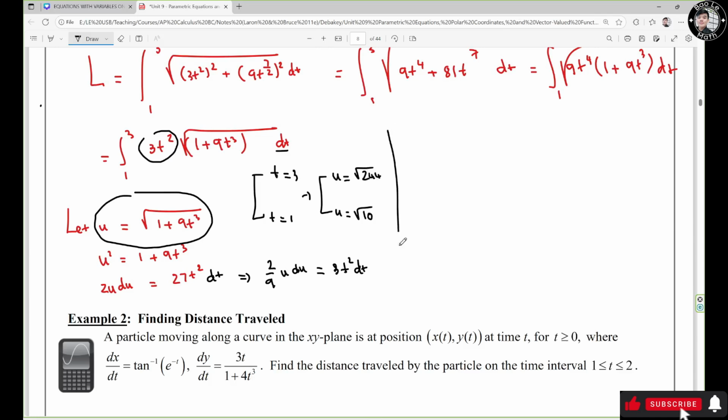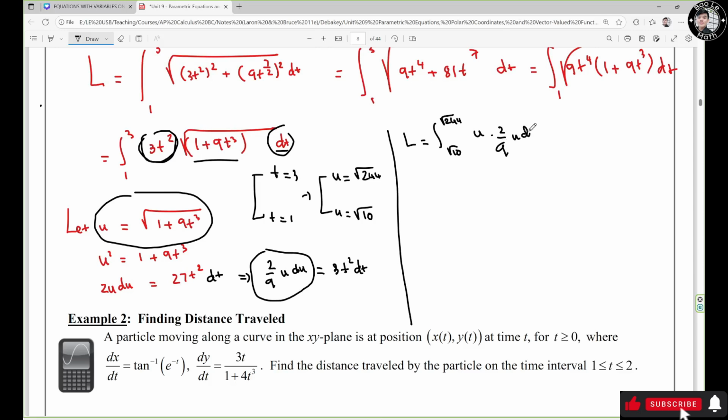Now L becomes the integral from square root of 10 to square root of 244 of u times 2 over 9 u du, which is 2 over 9 u cubed over 3 evaluated from square root of 10 to square root of 244.